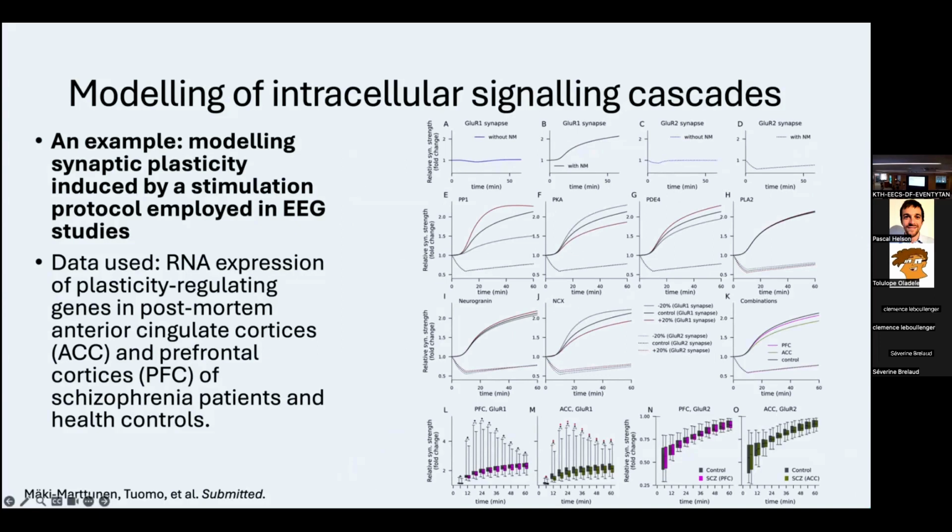That may be why our model shows that the differences are more significant in LTP than in LTD.